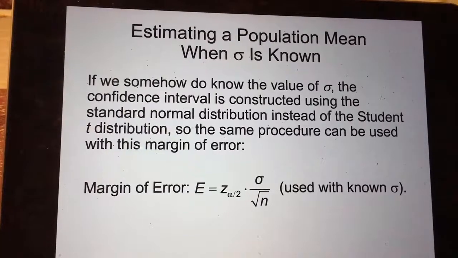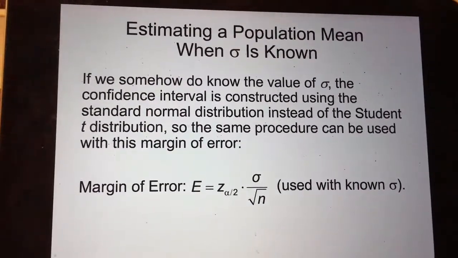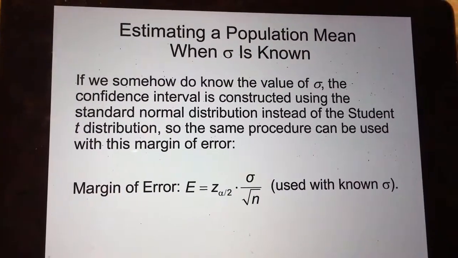And then estimating a population mean when sigma is known. So now we're starting a whole new thing here. Remember, this is not a very normal situation. This is kind of an out-of-the-box situation because usually you cannot know the population standard deviation when you do not know the population mean.